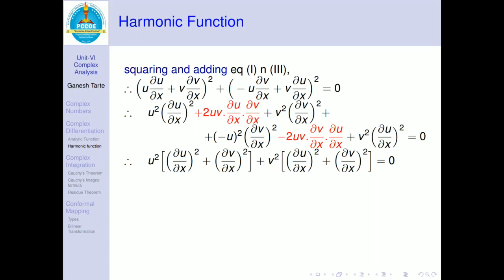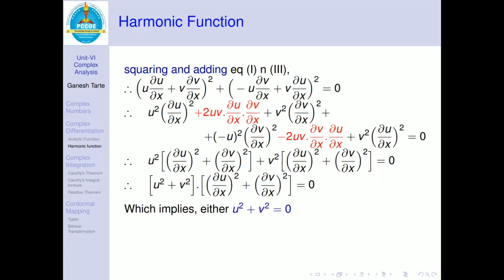Now again observe carefully, the bracket is the same in both terms, so we can take it outside, and we get (u square plus v square) into ((∂u/∂x) square plus (∂v/∂x) square) equals 0. So the product of two terms is 0, meaning one of the brackets should be 0. So either u square plus v square is 0, or the second term (∂u/∂x) square plus (∂v/∂x) square is equal to 0.